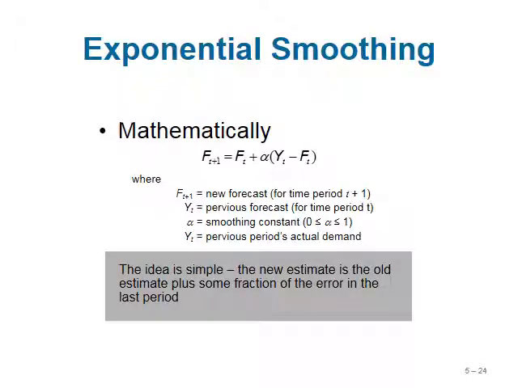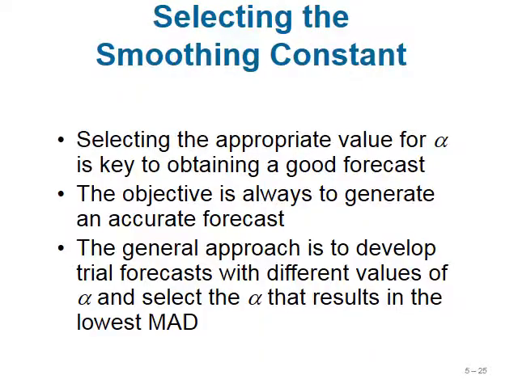The new estimate includes the old estimate plus some fraction of error from the last estimate. Our goal is to select the alpha coefficient that minimizes our MAD value, or minimizes error in our forecast.